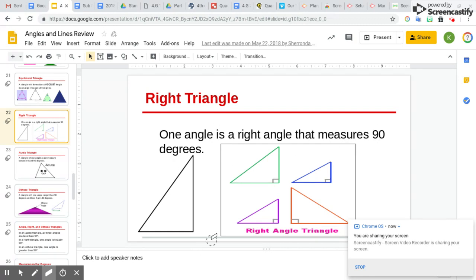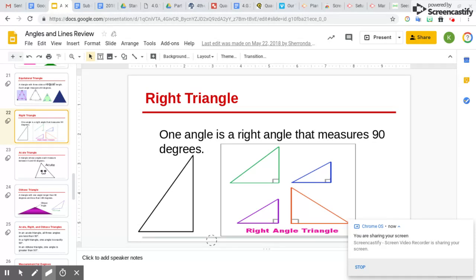But again, if you want to write down the whole thing, it is not long, and you are able to pause this, okay? So if you want to write down the entire definition of a right triangle, that is perfectly fine. But just make sure that you only write down one type of right triangle. You don't have to necessarily write down or draw all of the different ones that are listed here, okay?